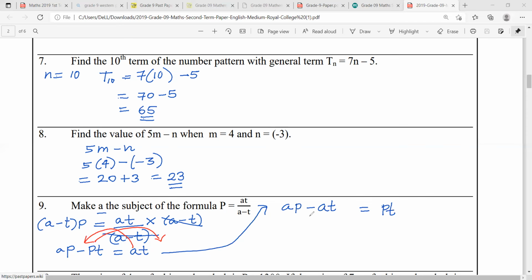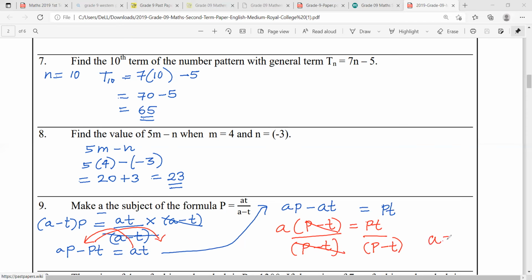And you can take A as common and then you can write A(P minus T) equals PT. And then you can divide this by P minus T, and this side also by P minus T, and then this cancels out and you get the answer here.